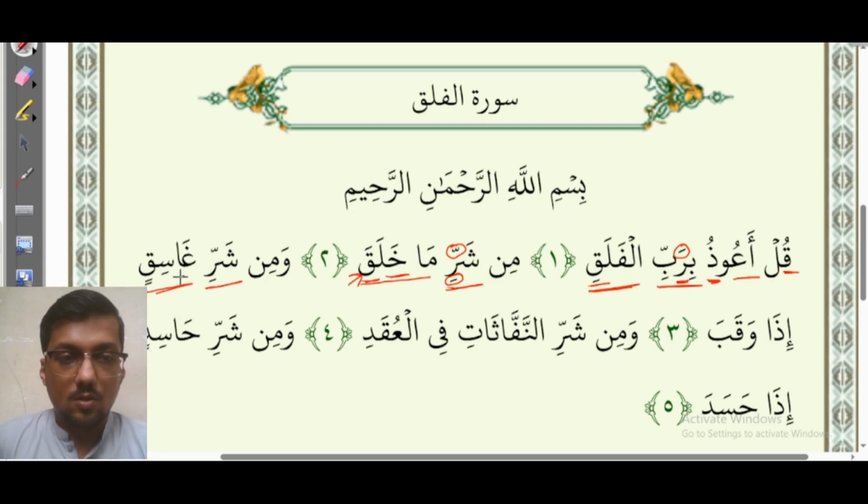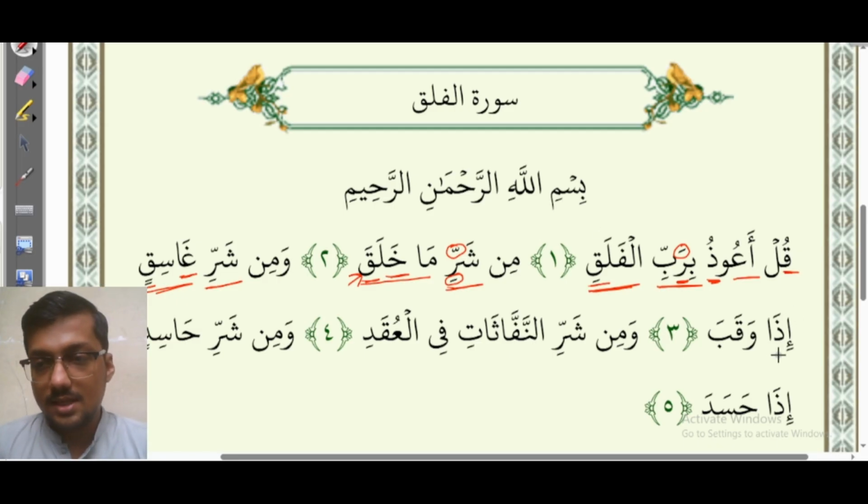Ghain is a heavy letter, so we have to read it with a heavy voice. Next letter is Sin, which is a sharp letter. Ghasi. And Qaf, which is a heavy letter. Ghasiqin.